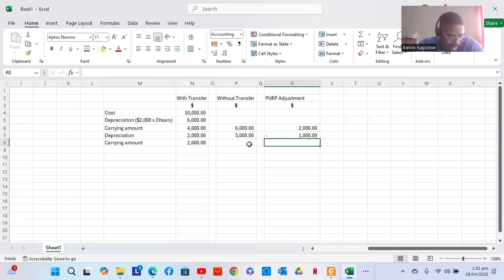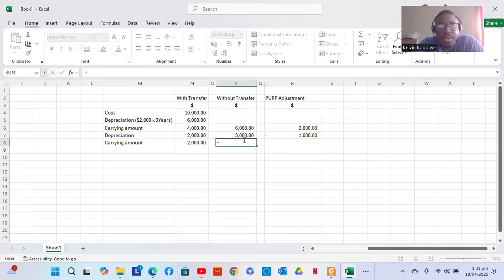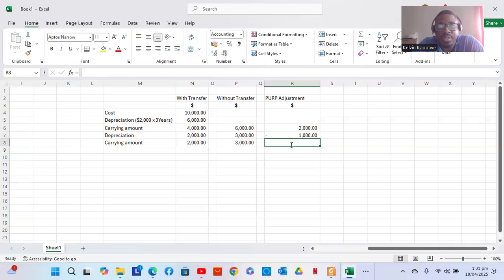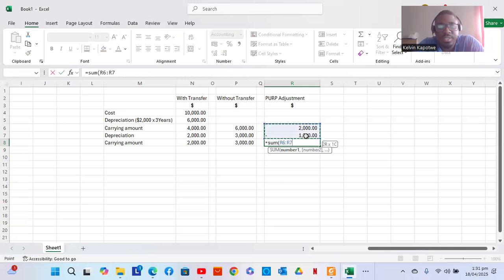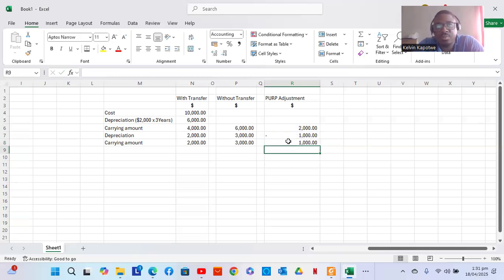So if that is the case, then our carrying amount here in this year is now that. If I sum that, I'm going to have that adjustment there. All right, so I'm just remaining with 1,000 there. Okay, so that is what is supposed to be done.